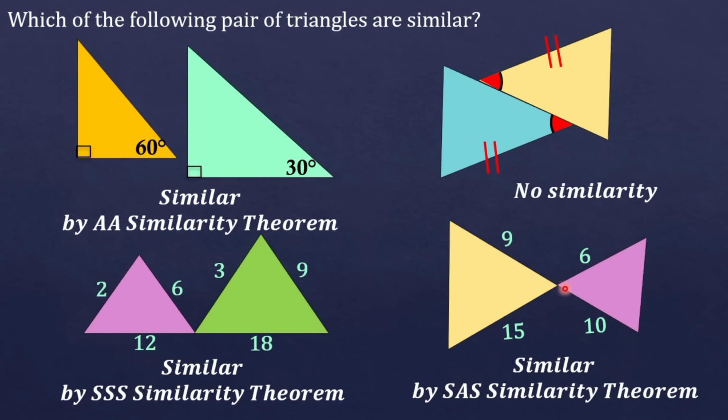Kung vertical angles po yan at pag chinek nyo po, ibig sabihin, meron tayong two sides na proportional, and then the angles are congruent, so SAS. So, they are similar by SAS Similarity.